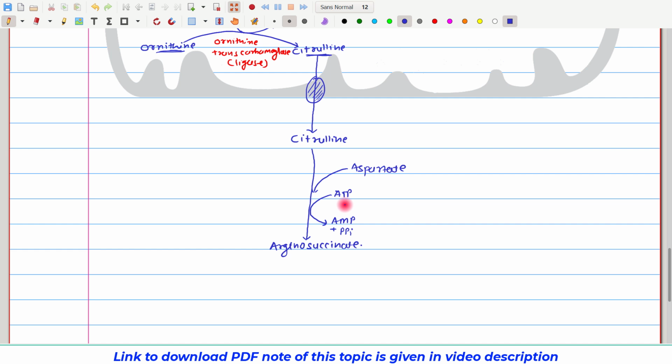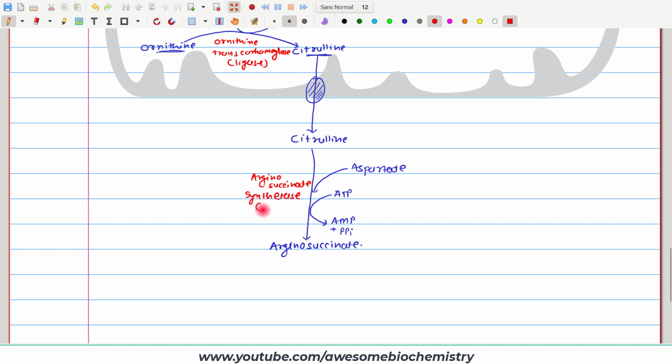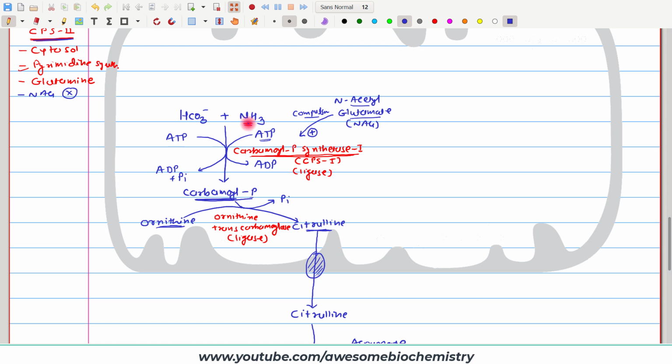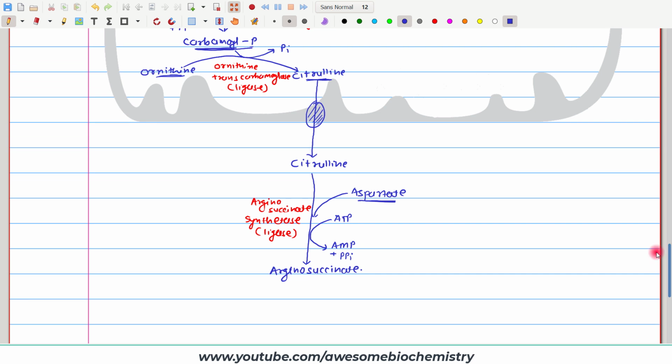So, this energy is equivalent to 2 ATP, and this reaction is catalyzed by the enzyme arginosuccinate synthetase, and this is also a ligase class of enzyme. Here free ammonia is providing the first amino group of urea, whereas aspartate is donating its second amino group to the urea.